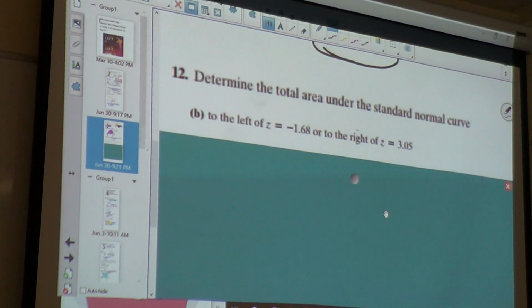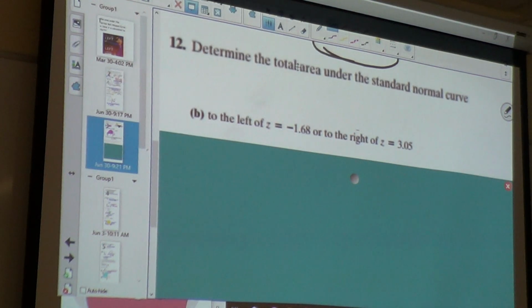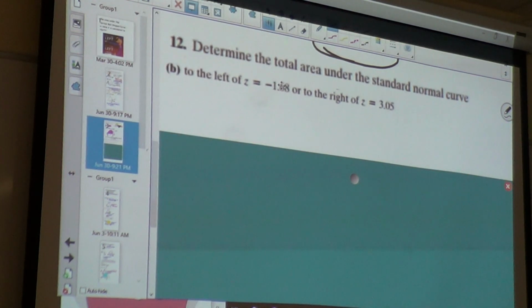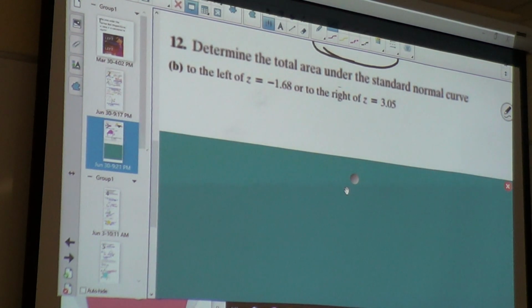Y'all ready for me? There's two ways you can do it. Does not matter to me whichever way floats your boat, it's fine with me. So, again, we do not have a mean or a standard deviation.